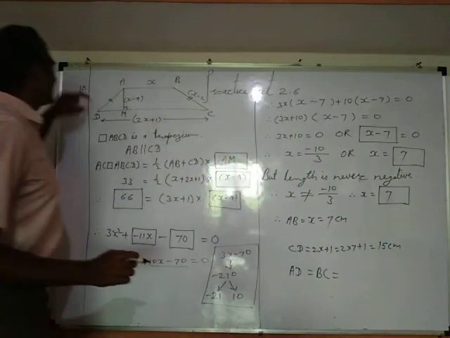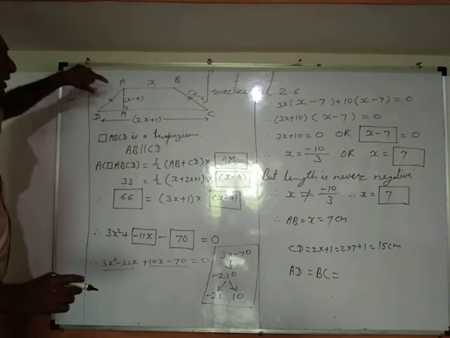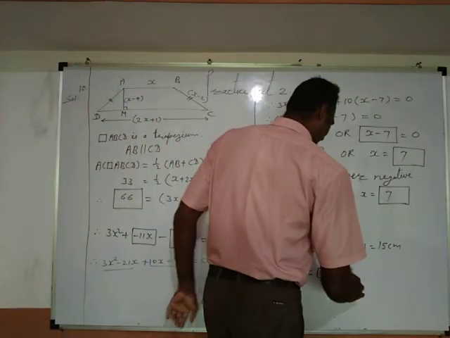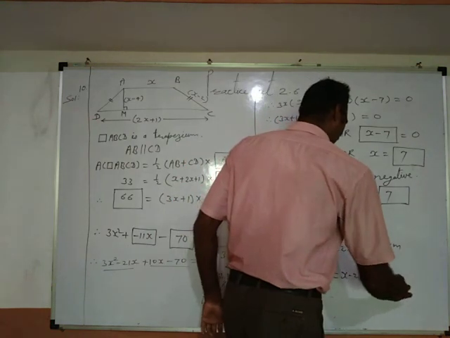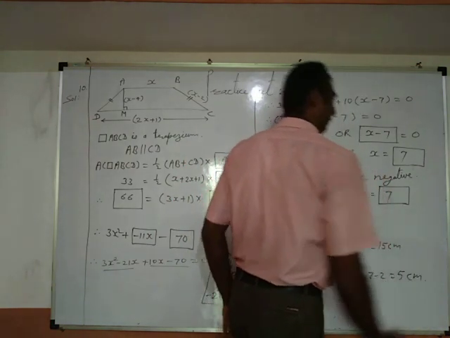AD equals BC. AD and BC here are shown by identical marks, that's why AD equal to BC, and each will have length x minus 2 equals 7 minus 2, and 7 minus 2 is nothing but 5 centimeter.